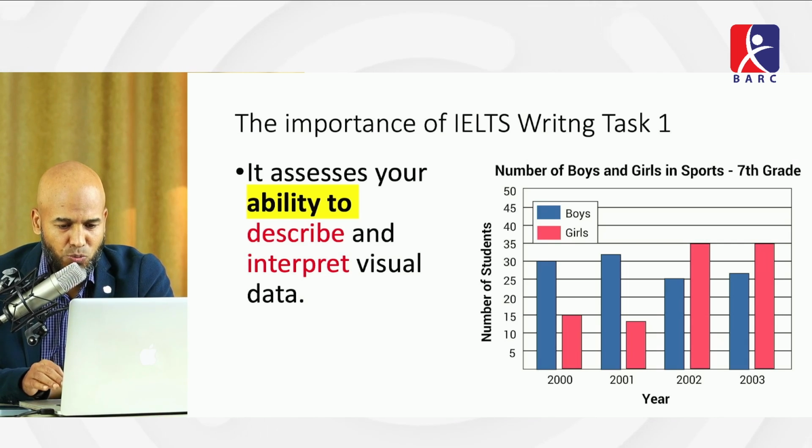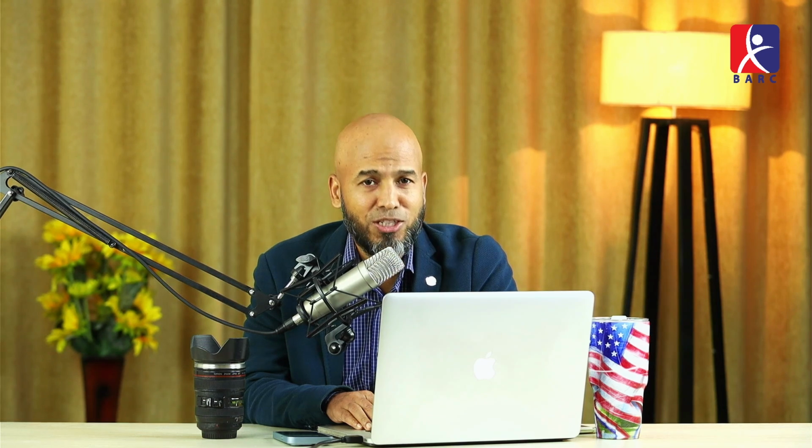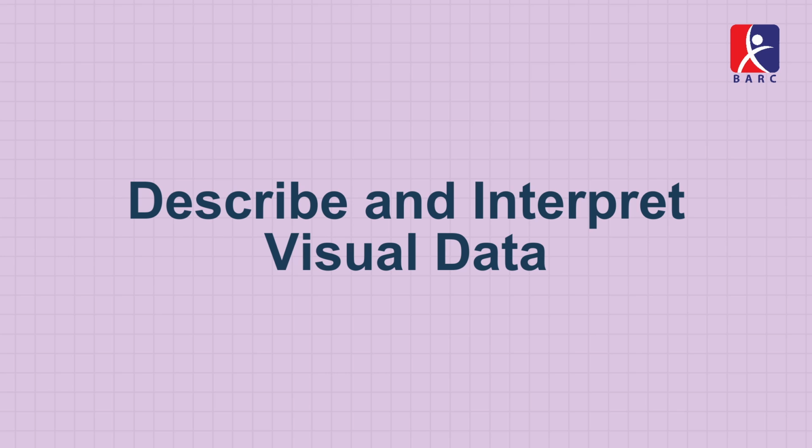So mastering Task 1 enables you to convey information accurately, showcase vocabulary and grammar skills, and ultimately achieve a higher overall band score in the IELTS exam. In fact, it assesses your ability to describe and interpret visual data.